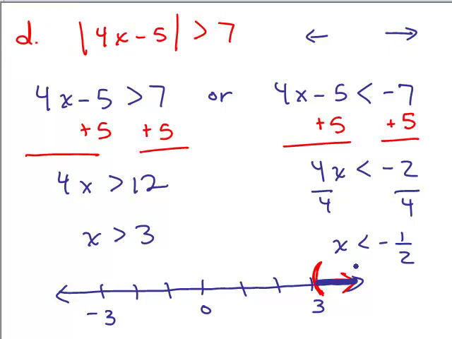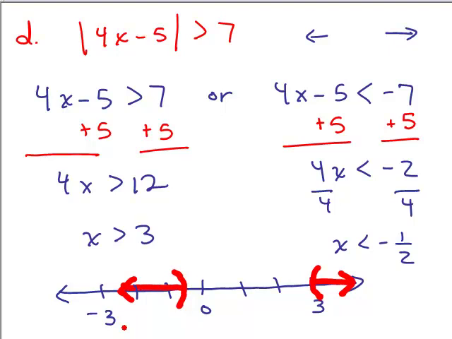And this is or x could be less than negative 1/2. So here's negative 1/2, about here. So we just put a parenthesis opening to the left. All right, so we've solved it.